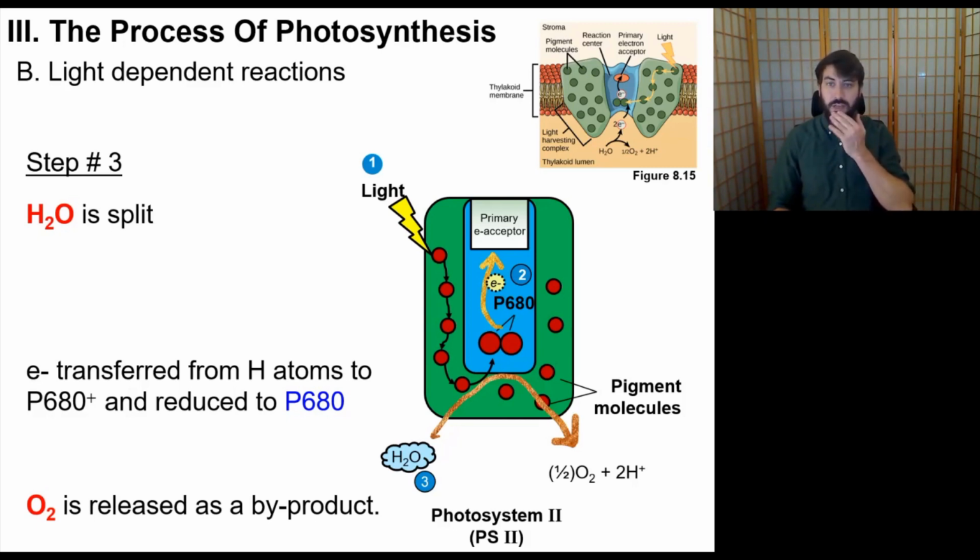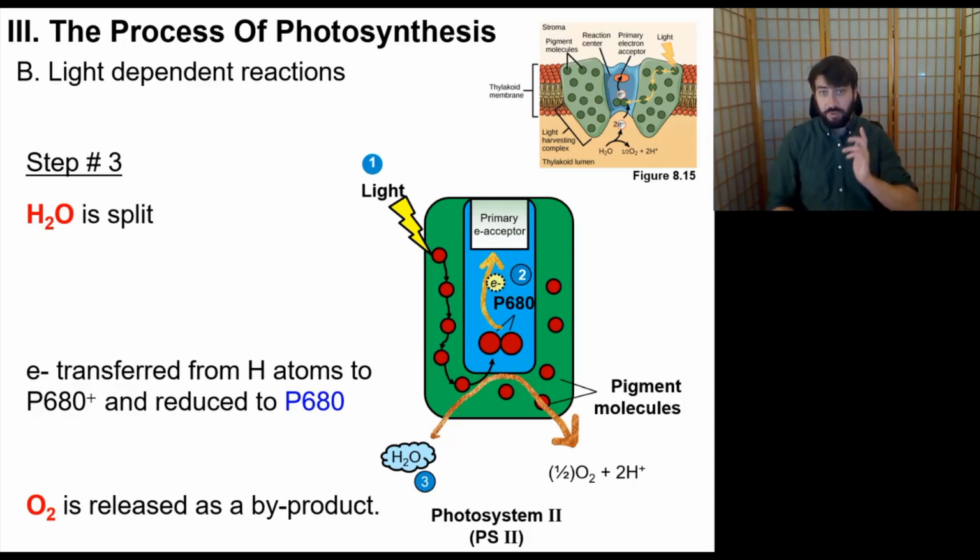Right, we can get those electrons from water. Hydrogens are peeled off from the oxygen with their electrons handed to the P680+, reducing it back to P680. Of course, water without hydrogen is just an oxygen. So when this process happens a couple of times, we end up with oxygen gas, which is released as a byproduct.